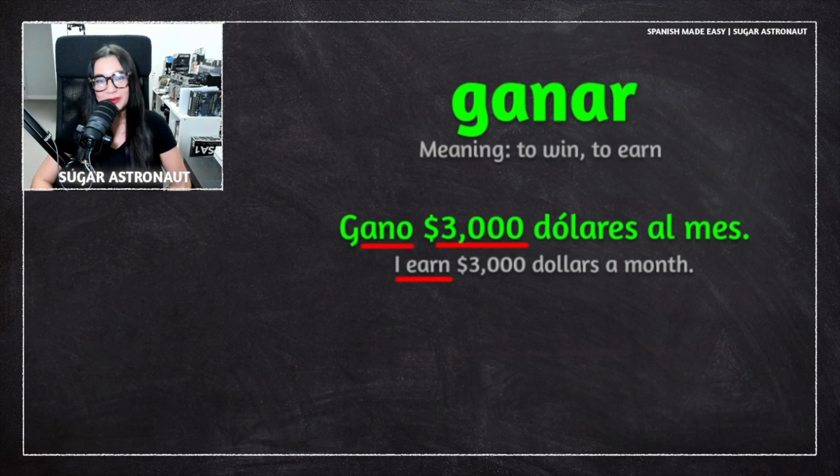Of course, it can get complicated, but 3,000 means 3,000. Okay, 5,000, 10,000. So you have to pay attention to how to say numbers and amounts in Spanish. So 3,000 is 3,000.